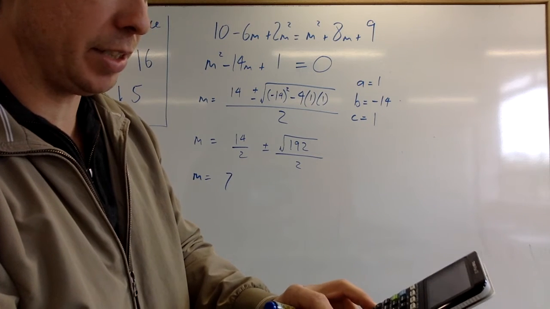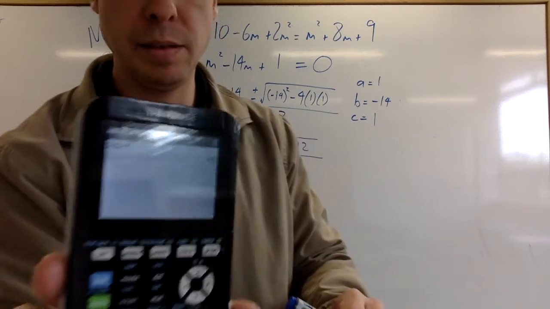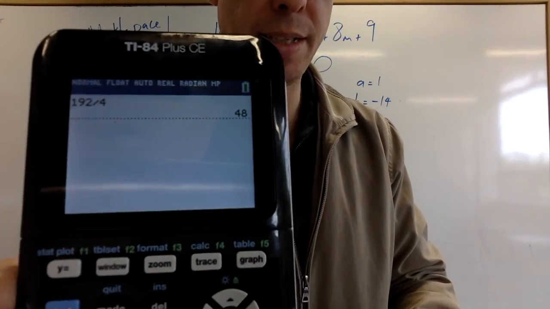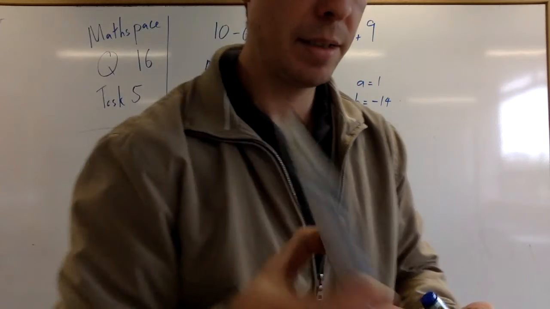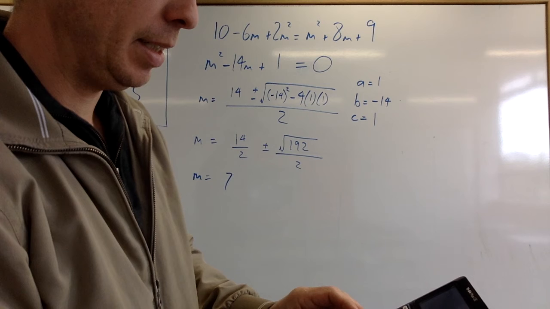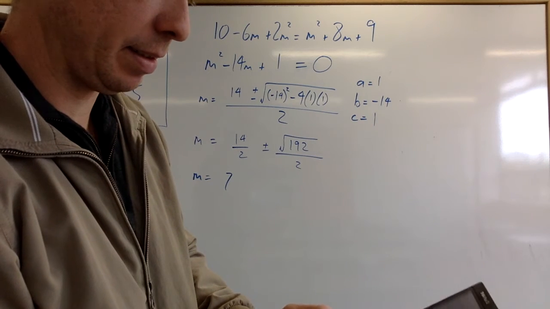Does 192 divide by a square number like 4? And you can see it does. It's 48. But in the 48, there's more squared numbers. There's a 16. Does the 192 divide by 16?